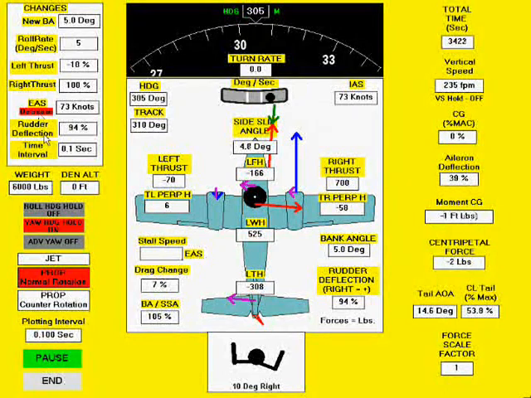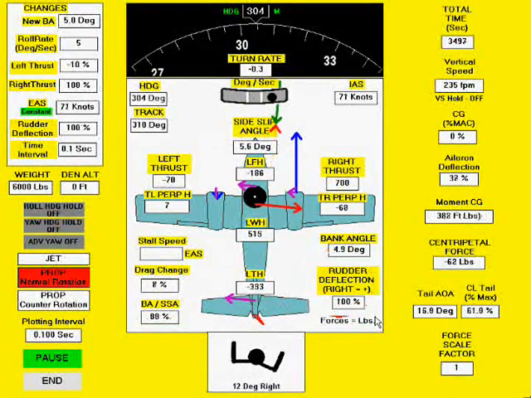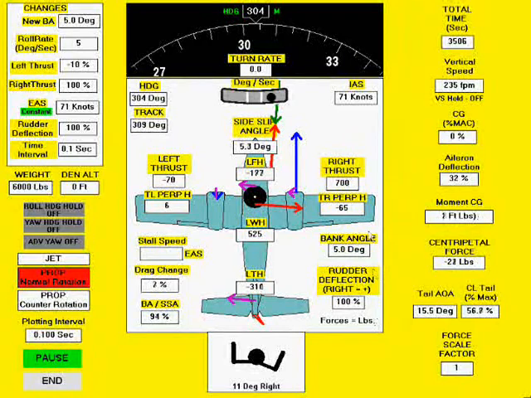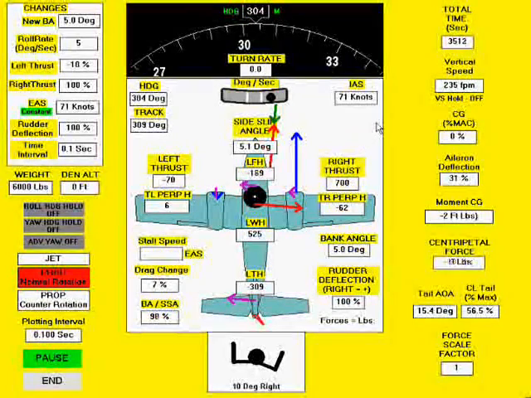Slowing down, we see the rudder deflection hits 100% again at the new VMC value of 71 knots. Remember that weight affects VMC only if the bank angle is not zero.